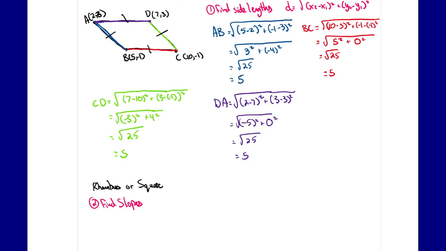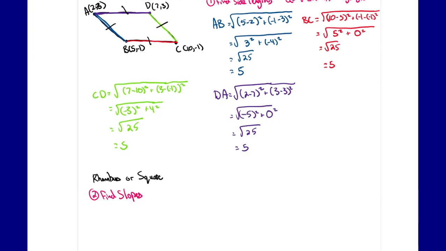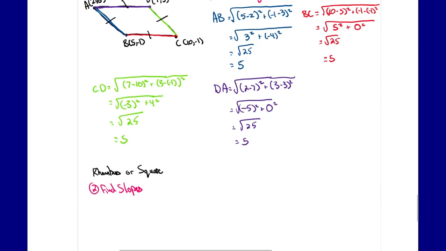If the slopes are negative reciprocals and the lines meet at 90 degrees, then it is a square. If they are not negative reciprocals, then it will have to be a rhombus. We only have to do one calculation, or two slope calculations.